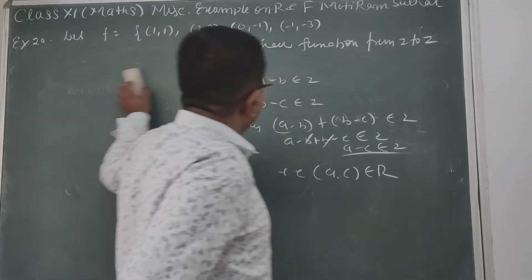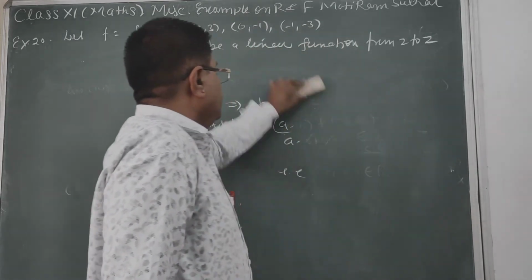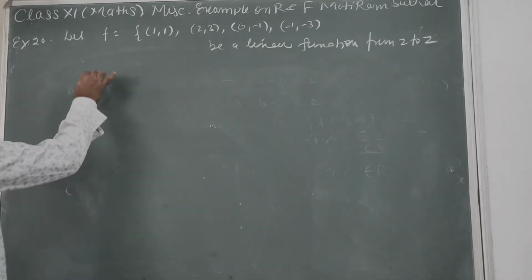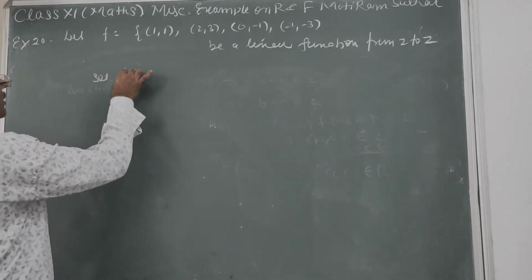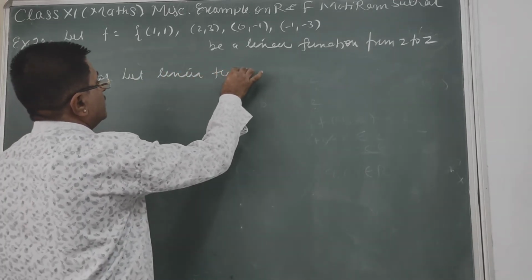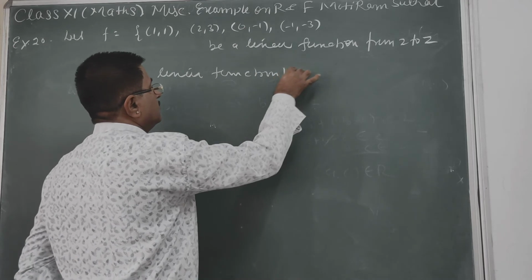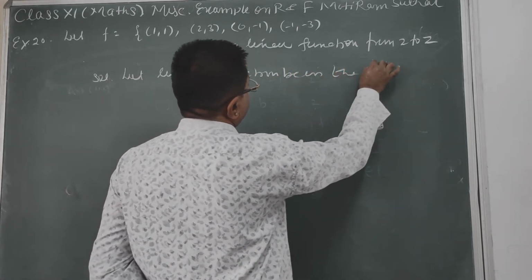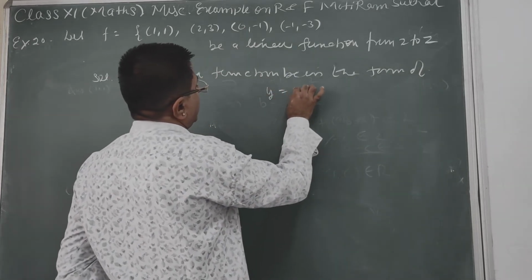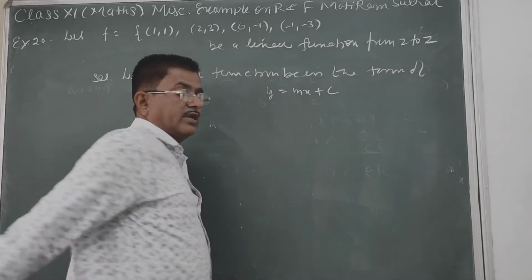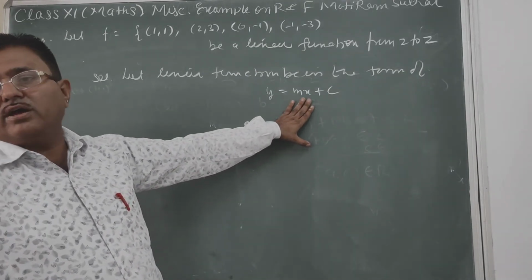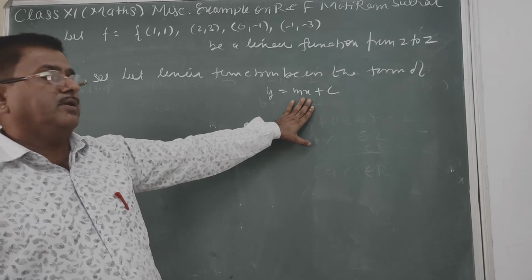So now we know that a linear function we already discussed in the first example. Let the linear function be in the form of y equal to mx plus c, right? So this is the function and we have to find the values in y equal to mx plus c.